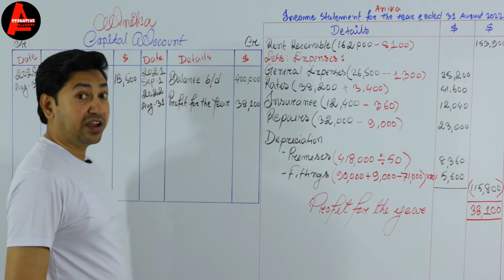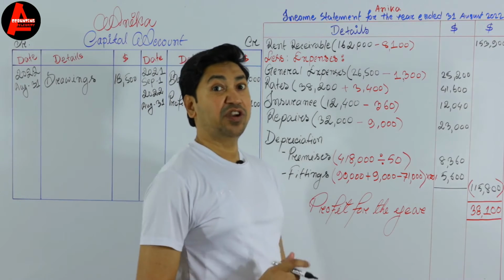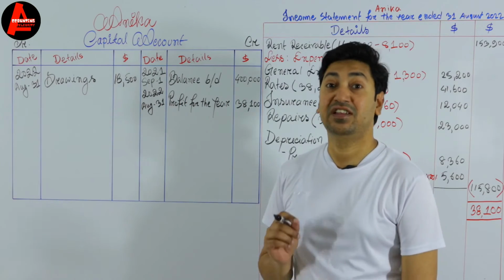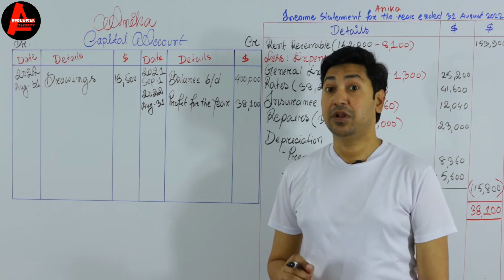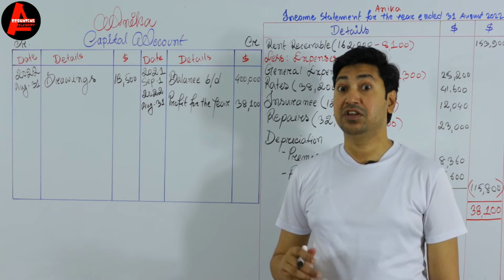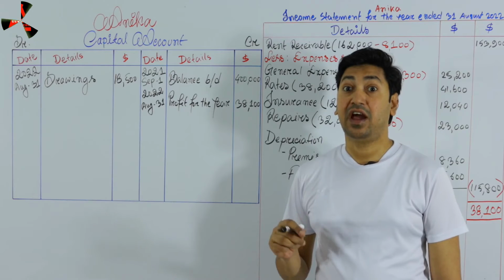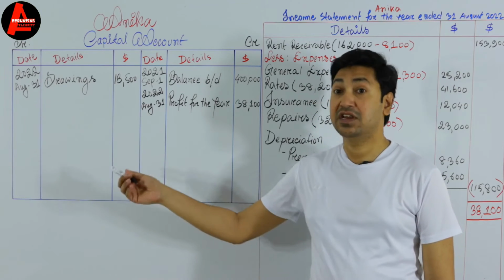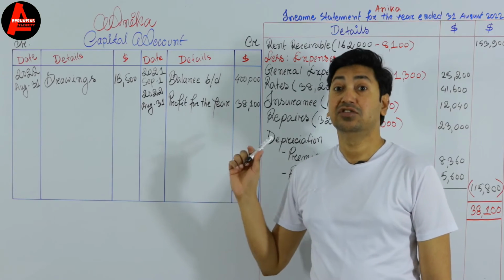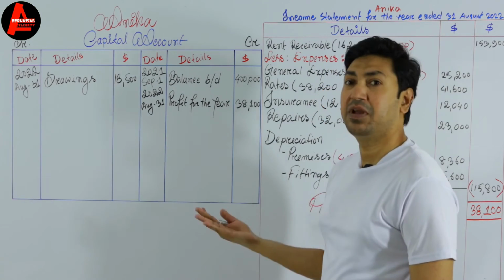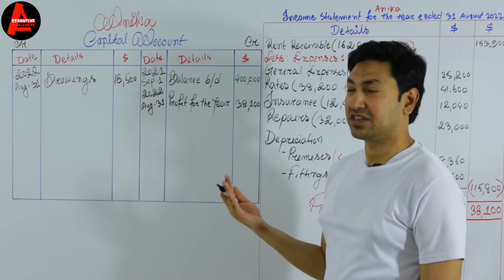So these 3 items will always be recorded in the capital account. This is not complicated, but many of you make mistakes because you don't know which items to record and on which side, debit or credit. If you understand, you can prepare whatever question is given in your exam or test.